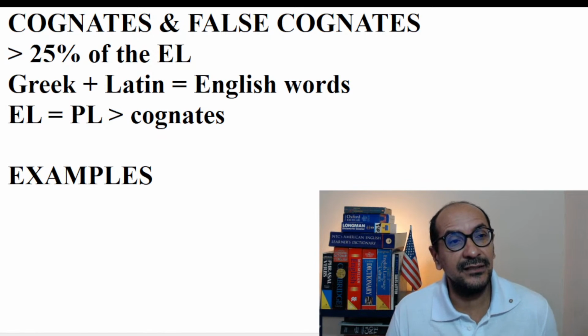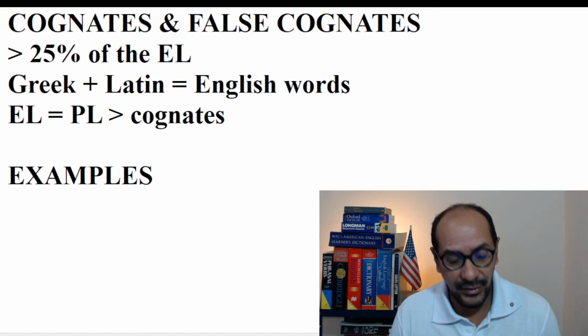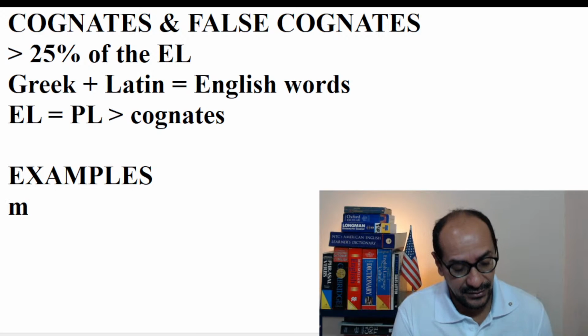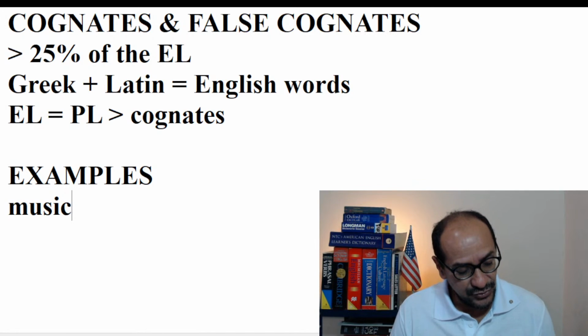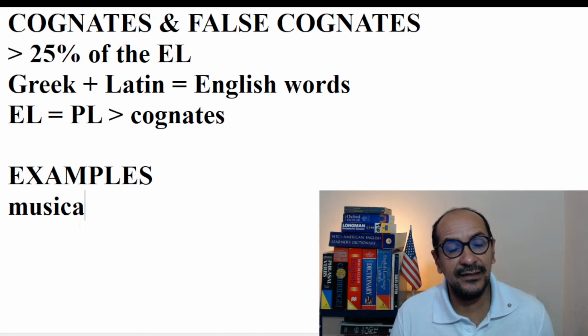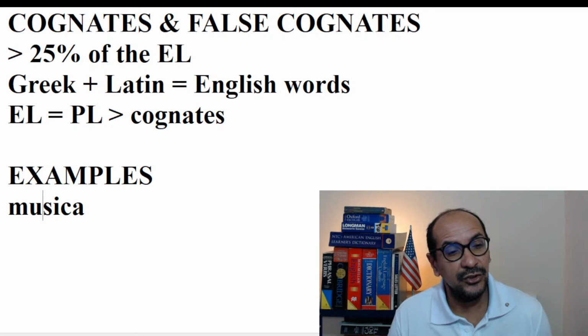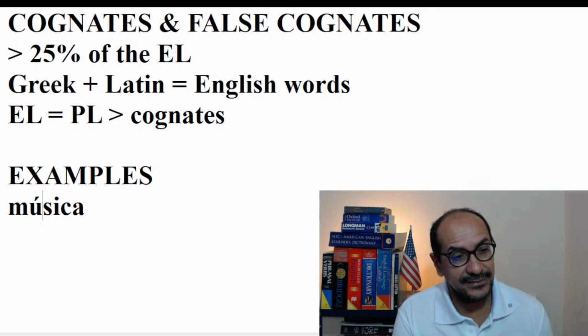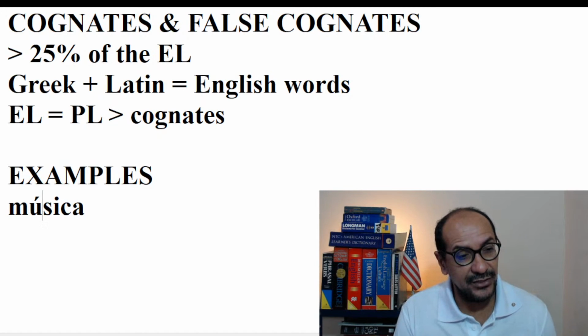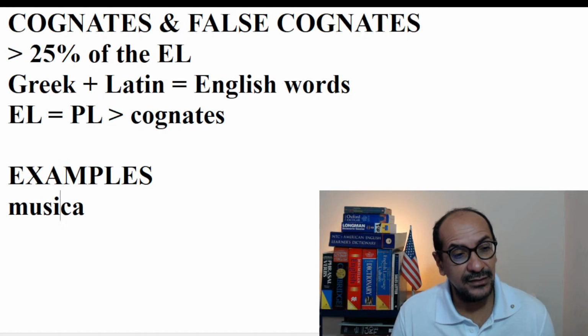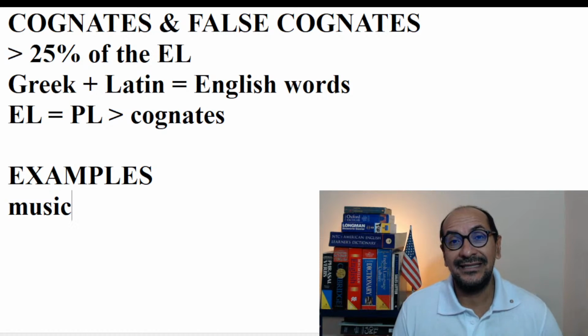I'm going to give you an example of a cognate word, one that is very traditional for me. I use the word music, for instance. The word music in Portuguese, we just need to add an A. Yeah, but not only. You need to use this accent. An accent is something that I'm going to talk to you about, okay? So you have the word music, that you don't need to use a dictionary to know what it means.